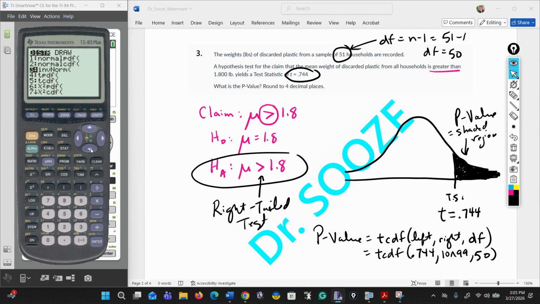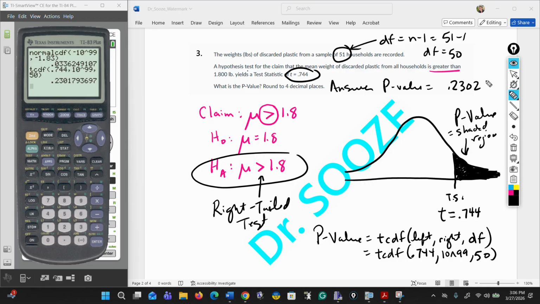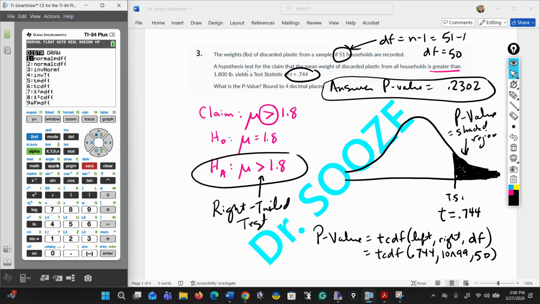Second vars, come down here to tcdf, and 0.744, comma, then the right one is 10 to the 99th, comma, and then 50 is my degrees of freedom. And if I take that to 4 places, so answer, p-value is 0.2302.